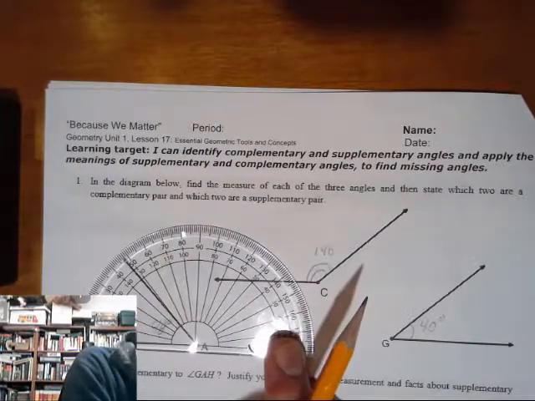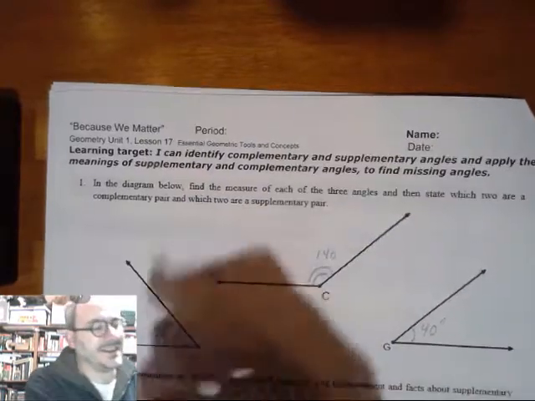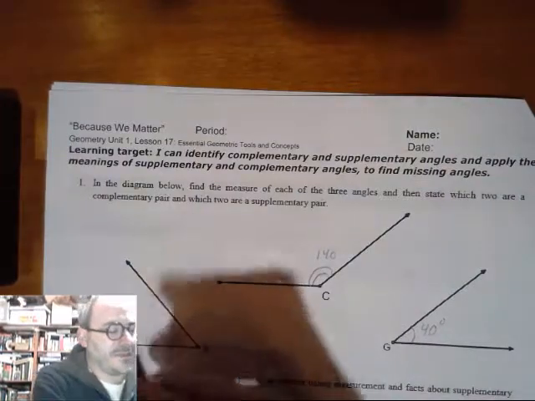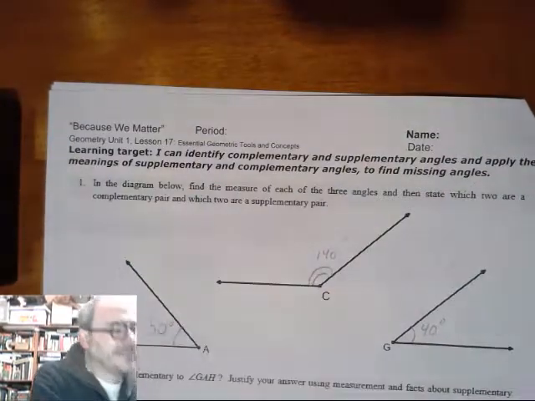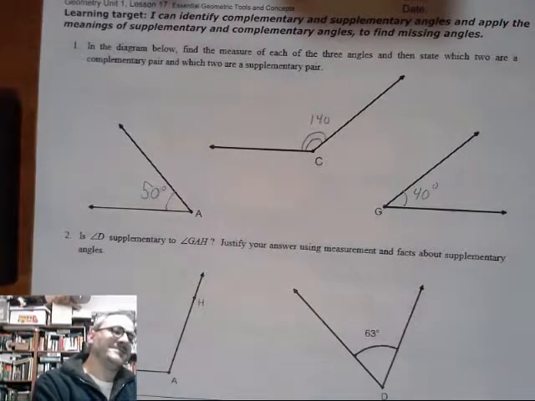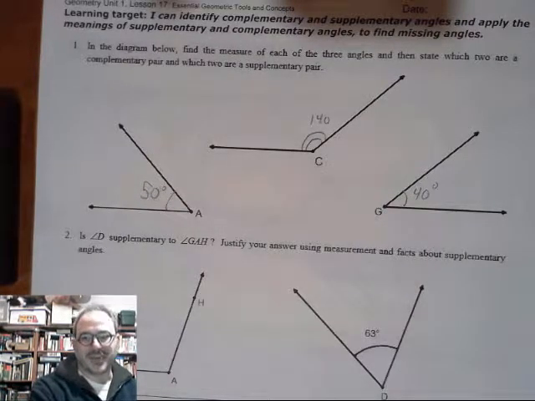This is not a 50-degree angle, but I think that's what I intended. I think I intended that to be 50. But if I actually measure it with a protractor, it's supposed to be 48. Oh, based on the question I'm asking, I'm guessing I just goofed up on the measurement here.